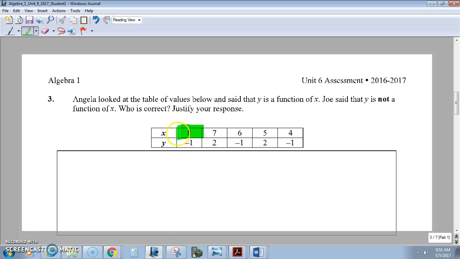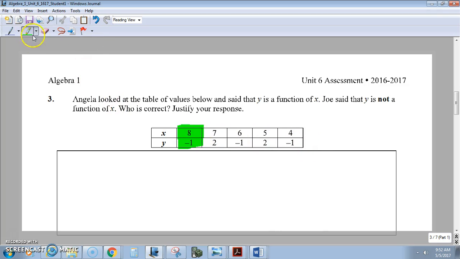So if x is 8, and that's our input, and our output is negative 1, that means I can have no other 8s in x. This is like 8 a.m., and let's say negative 1 are pretzels. That means there cannot be any other 8 a.m. where I get anything else besides pretzels, right? And as you can see, there's a 7, a 6, a 5, and a 4, so those do not repeat.